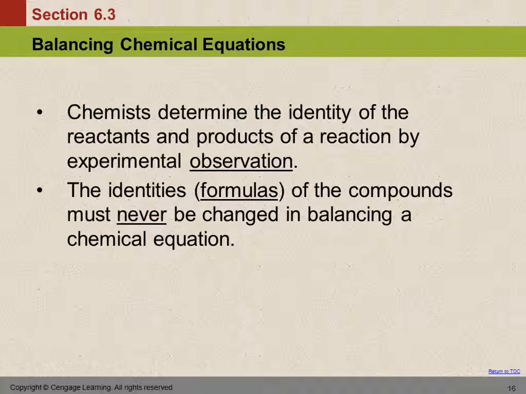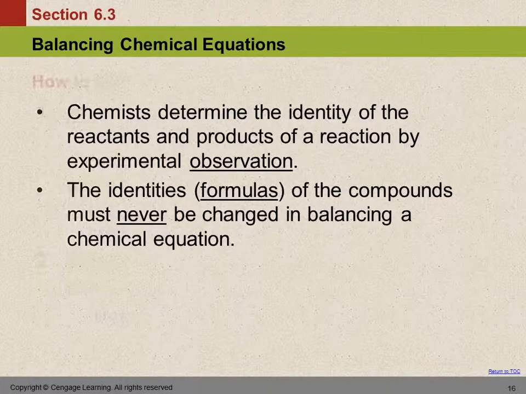So we've already established what the reactants and the products are, and then we can't just change those formulas. The identities of the compounds, the formulas of the compounds, can never be changed when balancing a chemical equation. It's tempting sometimes to just change it, but then you're describing something different, which may or may not actually happen.